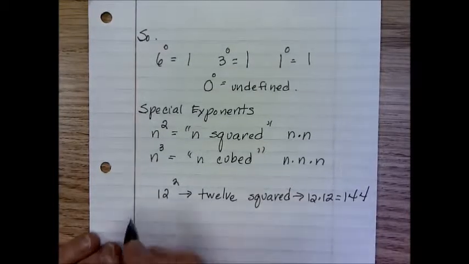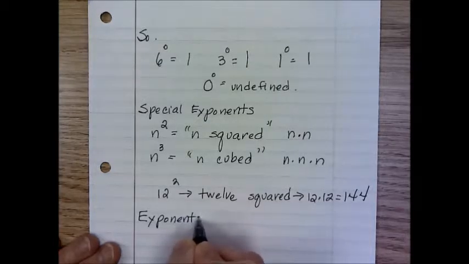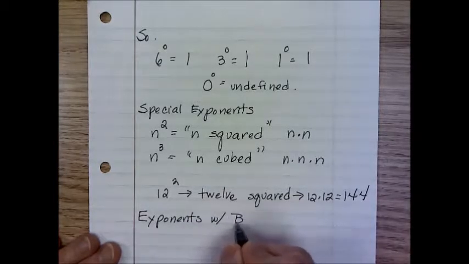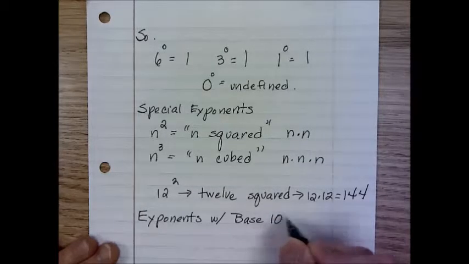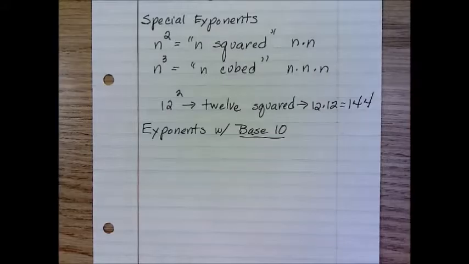Another thing we want to talk about are some exponents with what we call the base 10. So if our base is 10, let's take a look at some of these numbers. You're going to like this.